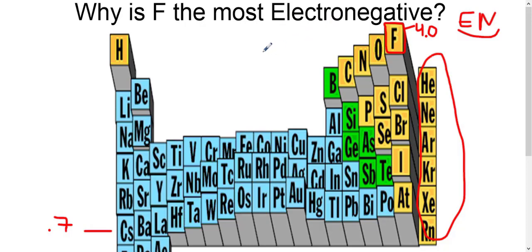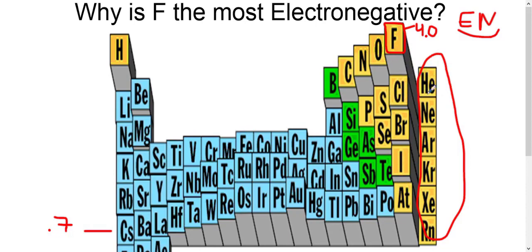Okay, we have to think about two things. One, the size of the atom versus the effective nuclear charge. As you go down, the size gets bigger. Even if we look at fluorine, chlorine, bromine, iodine, astatine, these all have 7 valence electrons. They all want to gain one more to be like the nearest noble gas.